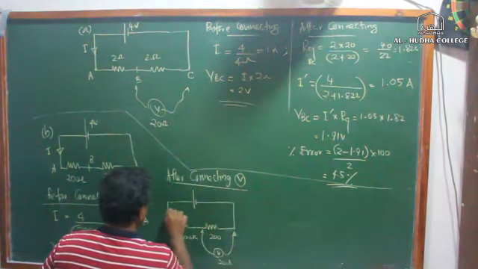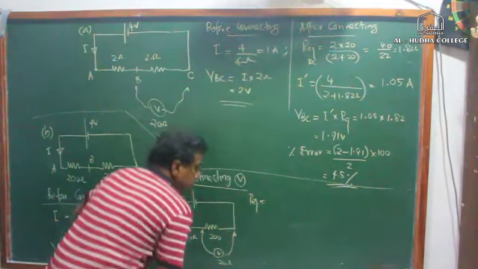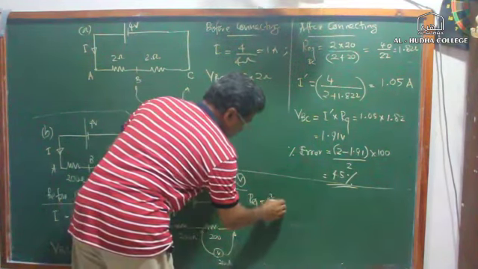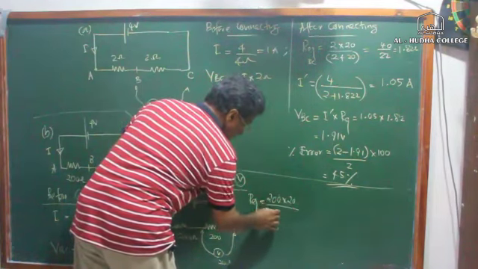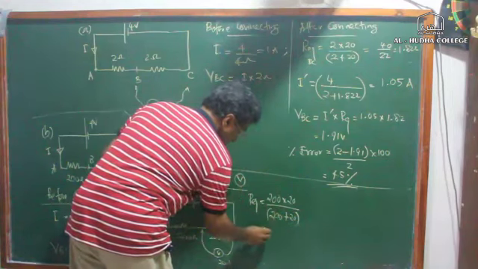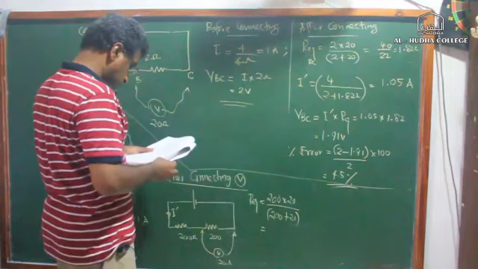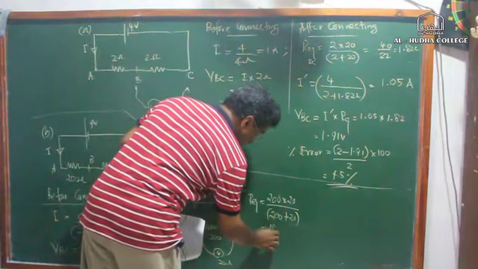So we have to find the R equivalent. R equivalent is 200 into 20 divided by 200 plus 20, so that comes to 18.18 ohm.